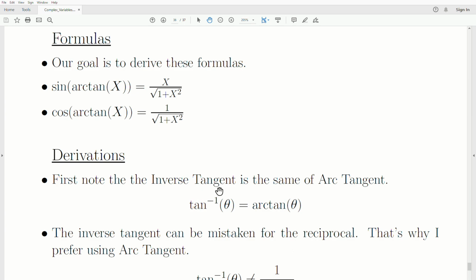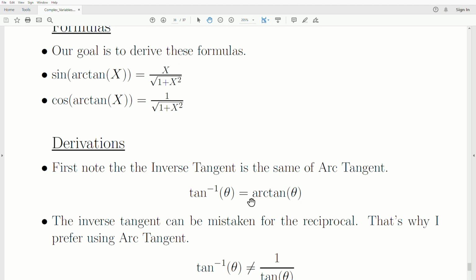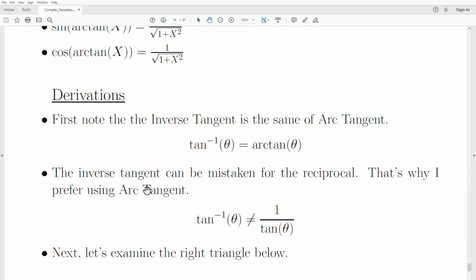First, note that the inverse tangent is the same as the arctangent. So these two notations are the same. If we take the inverse tangent of theta, that's 100% equivalent to the arctangent of theta. Now the inverse tangent can be mistaken for the reciprocal, and that's why I prefer using arctangent. Then there's no doubt.